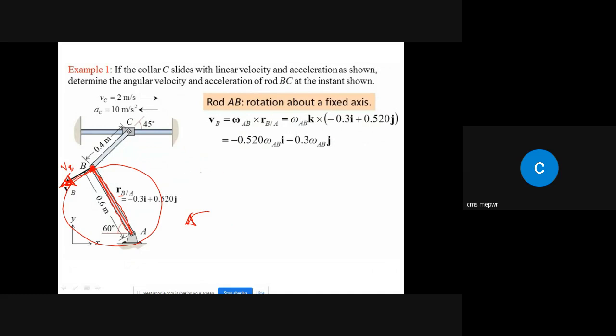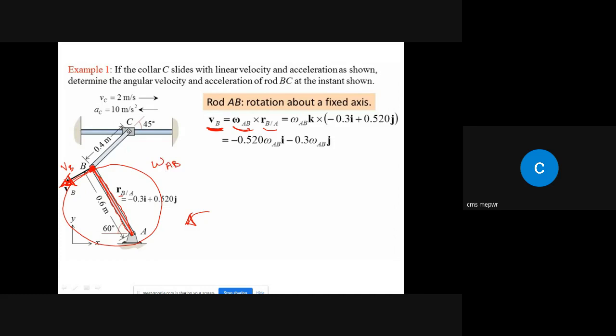So in case of rotation, the linear velocity relationship can be given as omega cross R. The linear velocity of point B is equal to the angular velocity into the position vector. So the angular velocity of AB is given by omega AB, right?